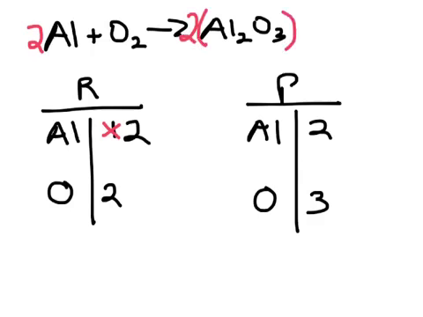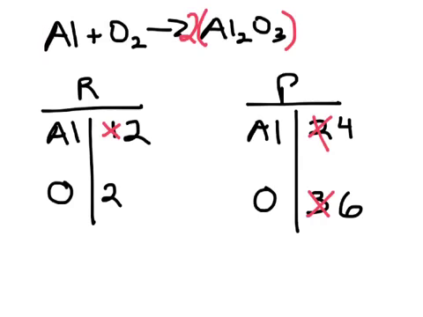That's going to make it 2 times 2 aluminums is 4, and 2 times 3 oxygens is 6. And over here, I'll get my eraser and erase that 2 I put in front of aluminum; that's not going to work now. I have to do something else.